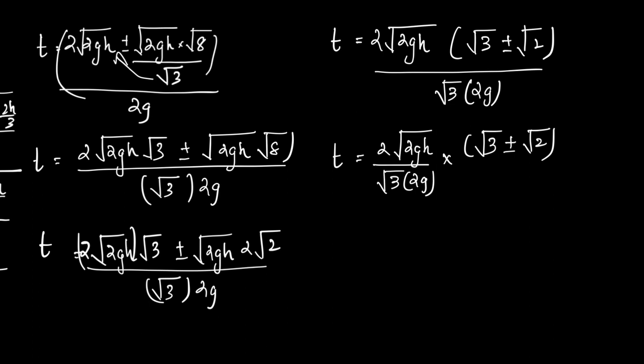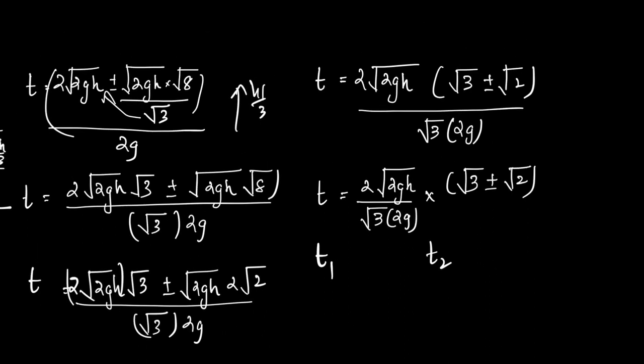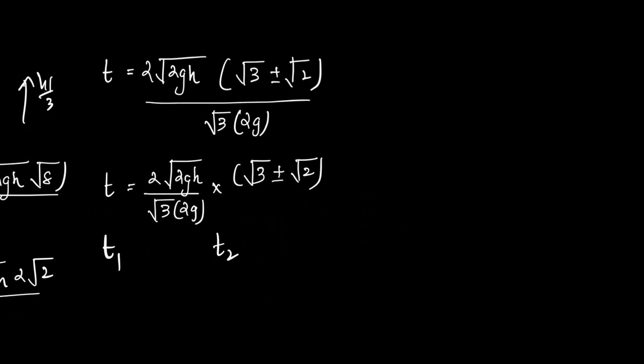What we need to understand here is we'll get two values for t now, right? So we have t1 and t2. Since the object is moving upwards, it will reach the height h by 3 in a smaller time. But I think it would be better if I draw a diagram and explain.